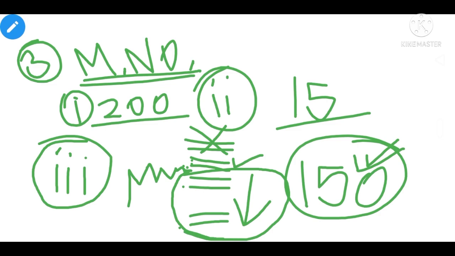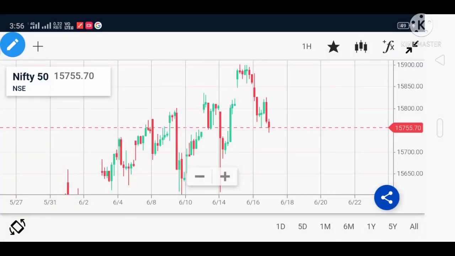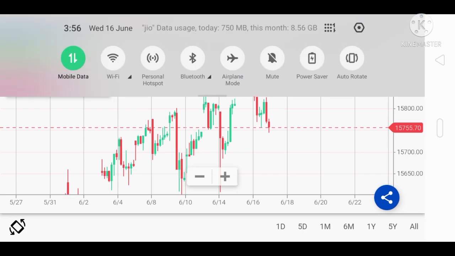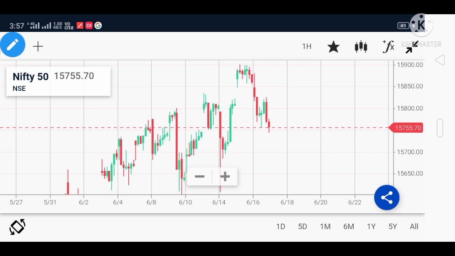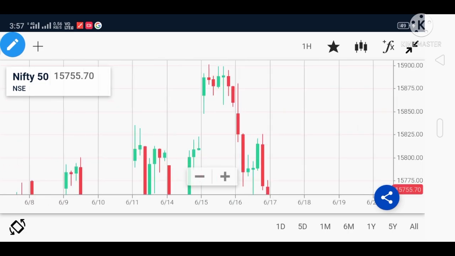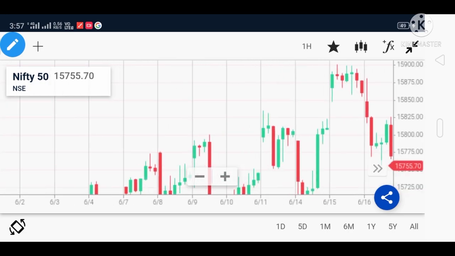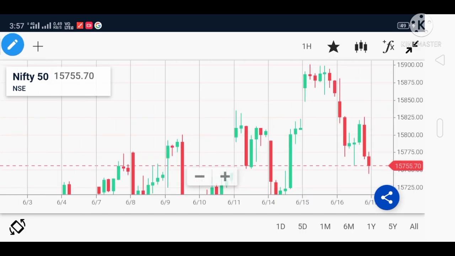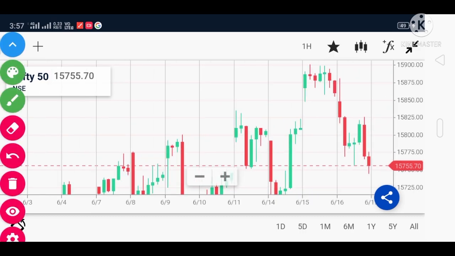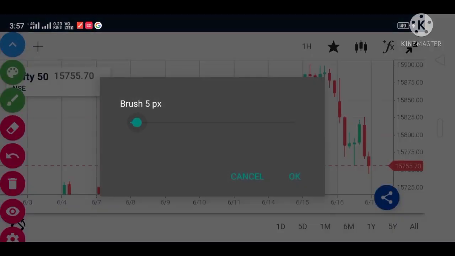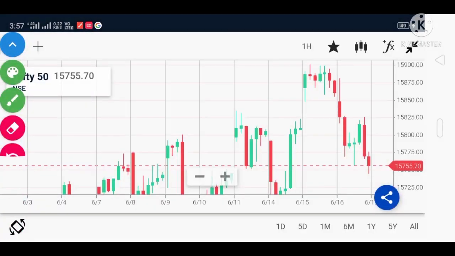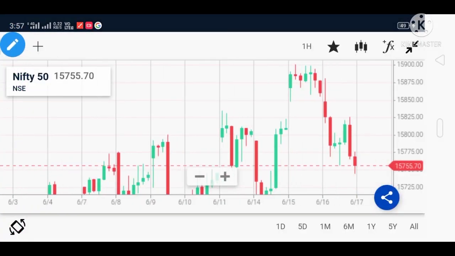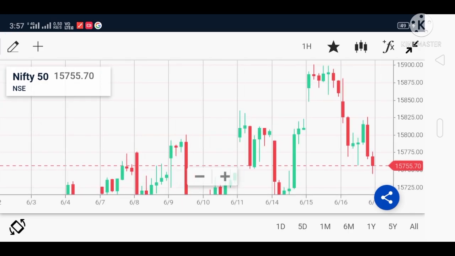So let's go. Okay guys, so traders, let's go. I'm on the Nifty chart. This is today's date, okay, this is 16th June, right? So assume that today, 16th June, the market isn't open. Let me set the pencil so that I can make you understand easily.